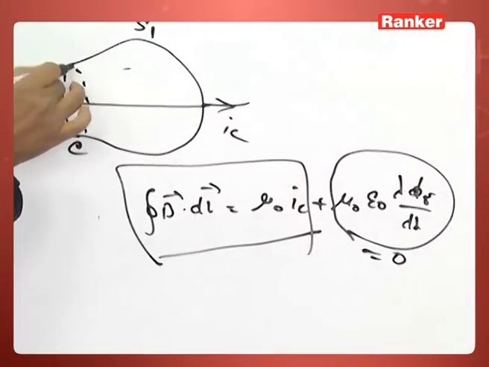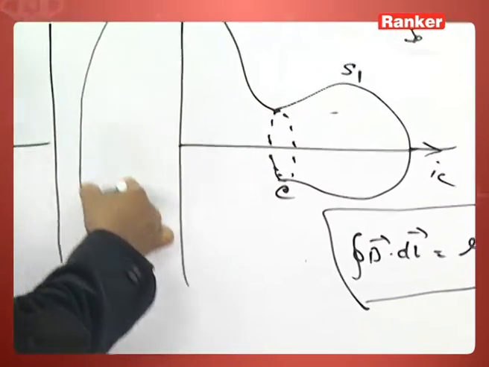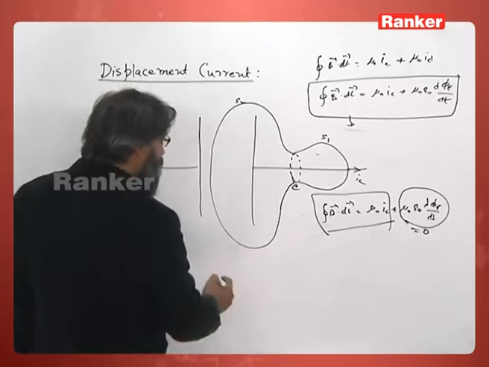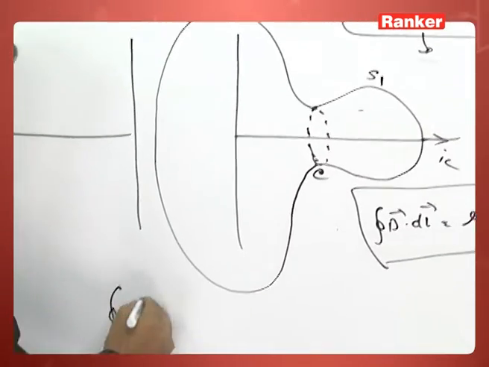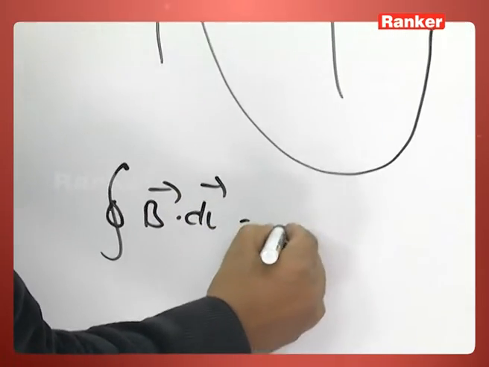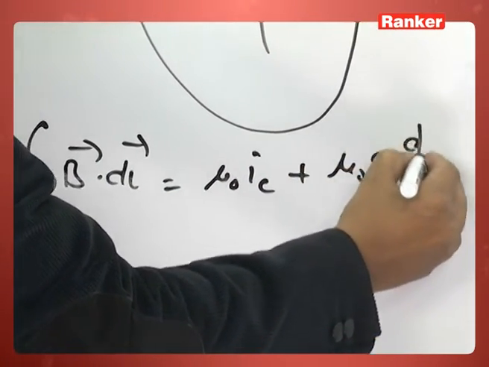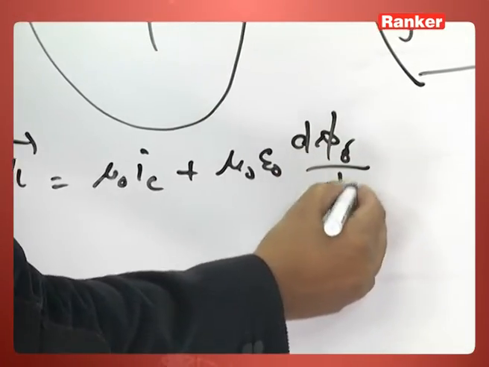But if we select our surface this way, S2, then there is no conduction current, and we will write B dot dl is equal to mu naught I c plus mu naught epsilon naught d phi E by dt.